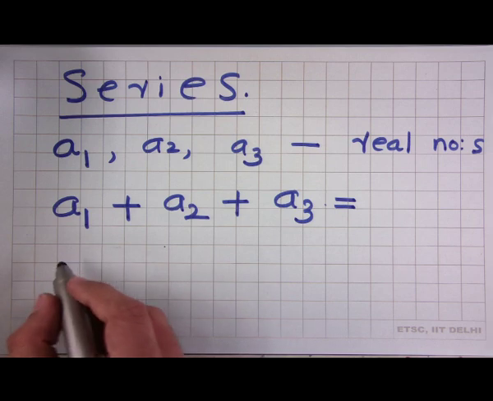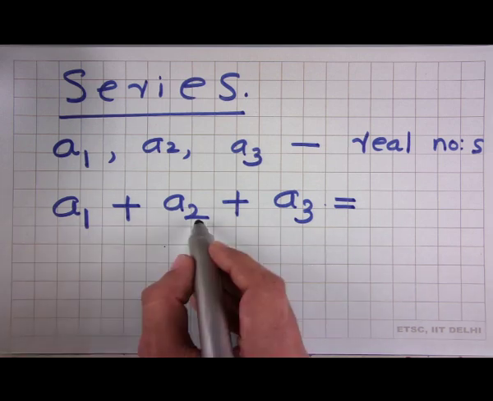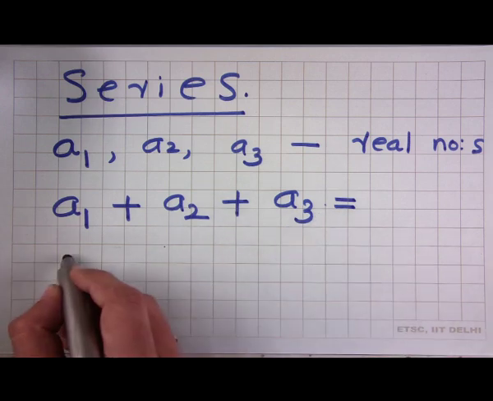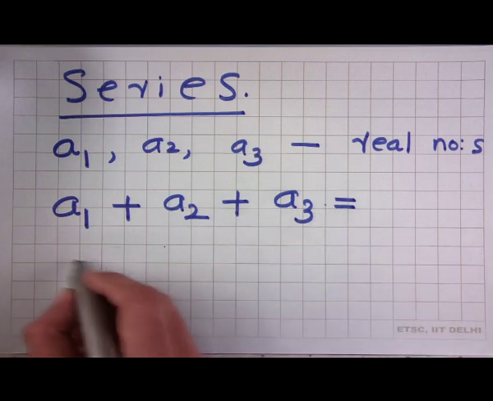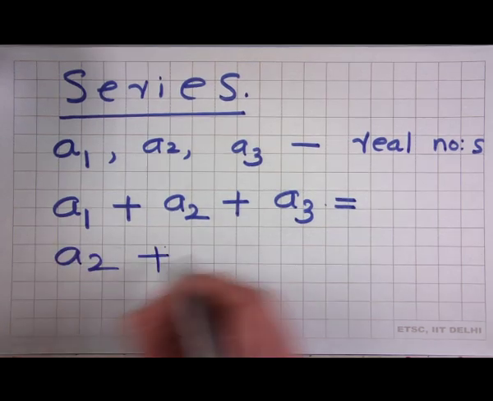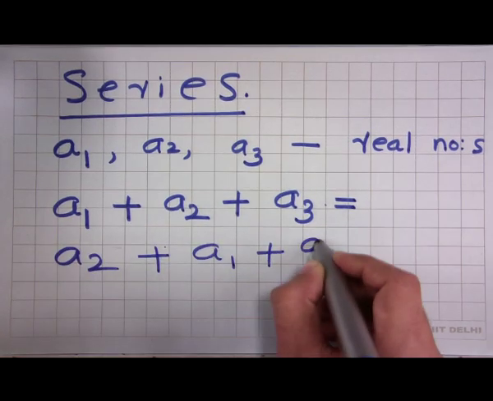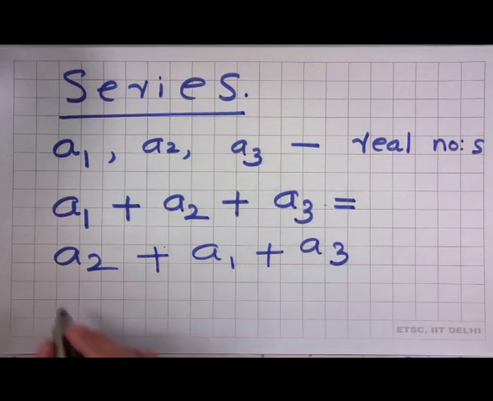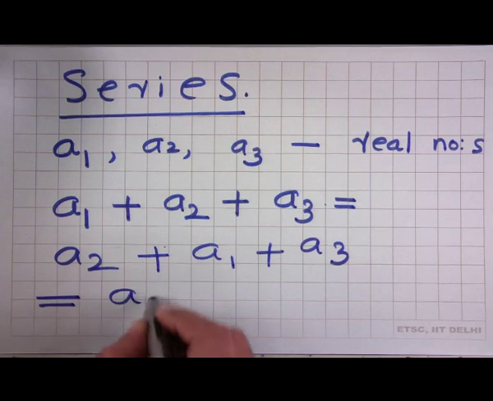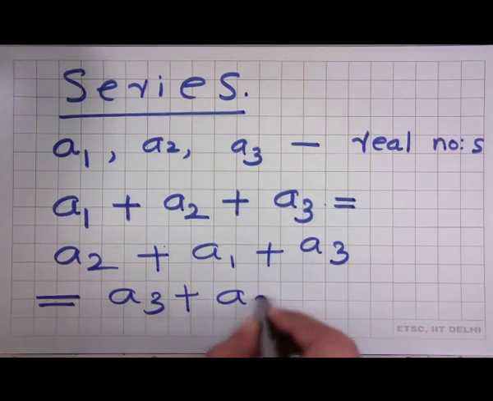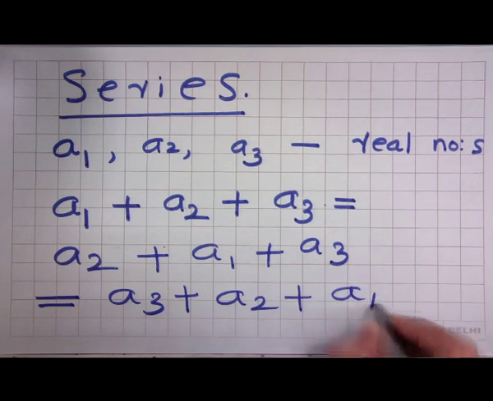That is to say, A1 plus A2 plus A3 is the same as A2 plus A1 plus A3, which is the same as A3 plus A2 plus A1 and so on.